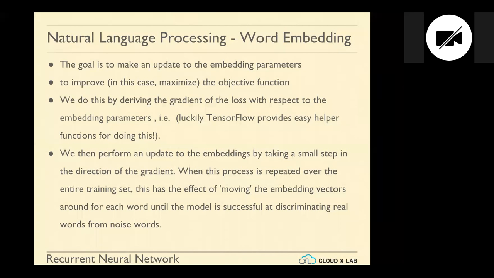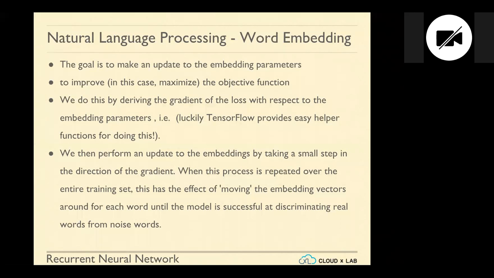Each value of word embedding, that's a large vector of numbers, is also called embedding parameters. So just like in the case of our usual neural network, we have a loss function. We tweak this loss function in order to, sorry, we don't tweak the loss function.